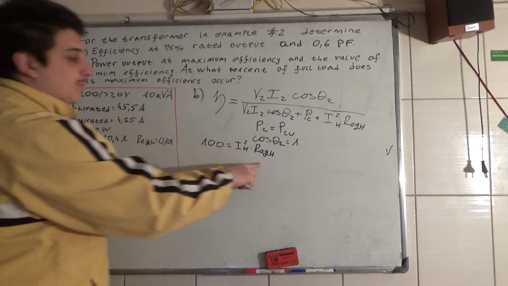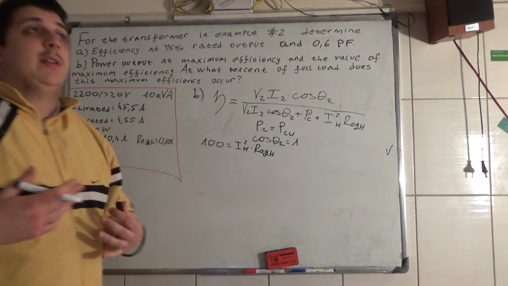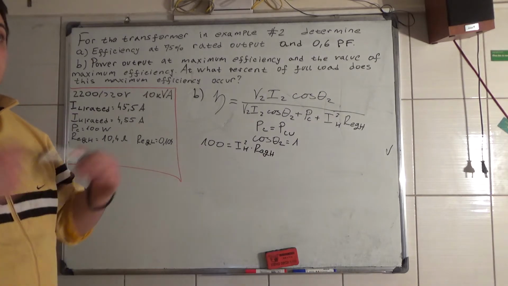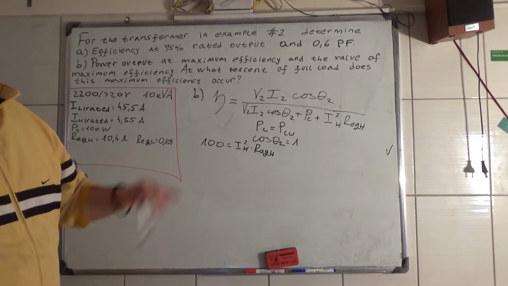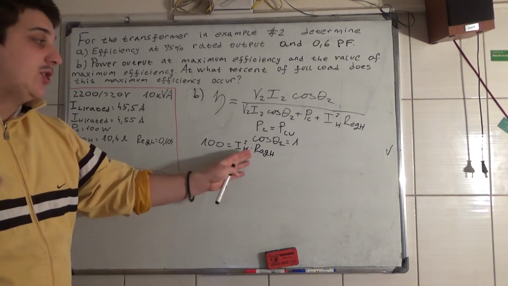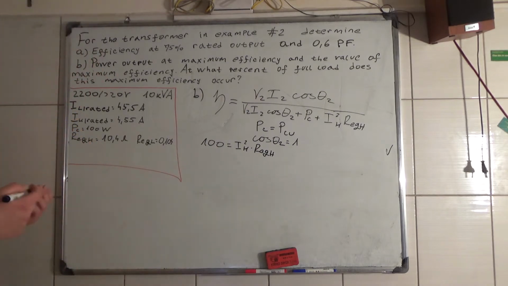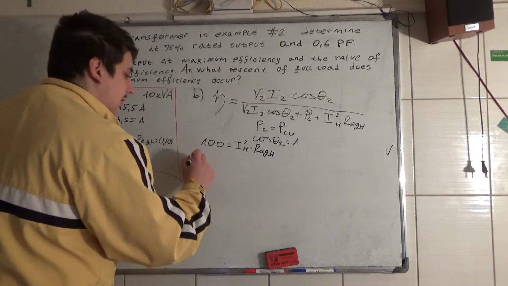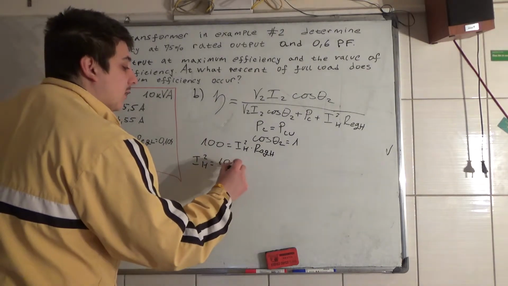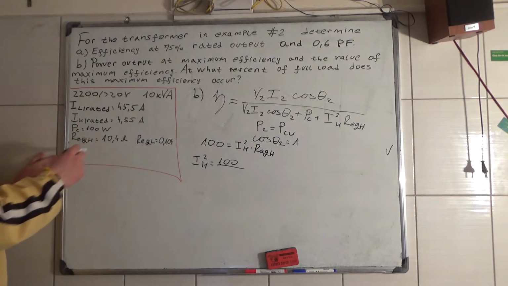Usually the resistance of the windings or the conductors stays the same. Let's say you have good ventilation, a constant temperature, and the resistance stays the same. So now IH squared is equal to 100 divided by R equivalent, looking from the high side, which is 10.4.